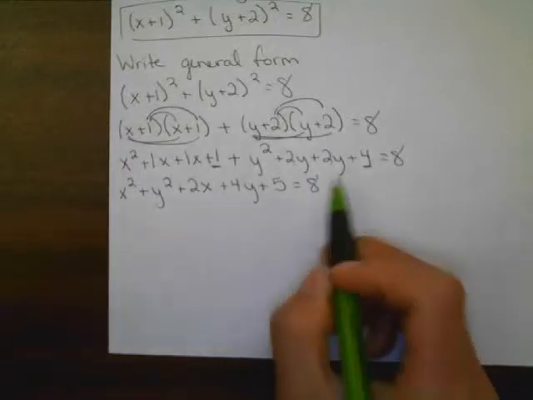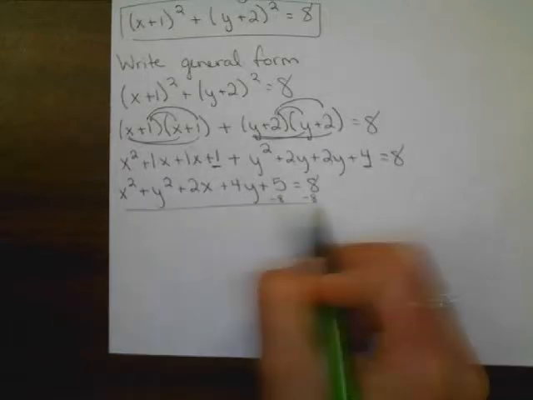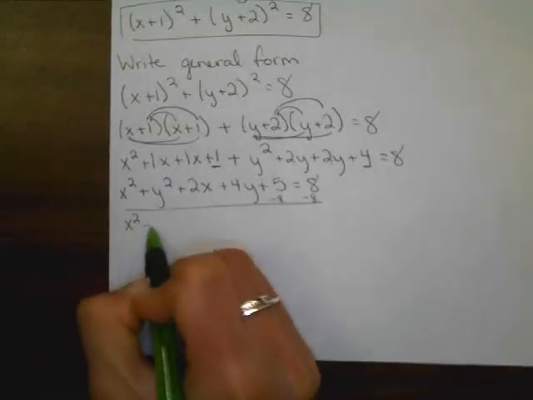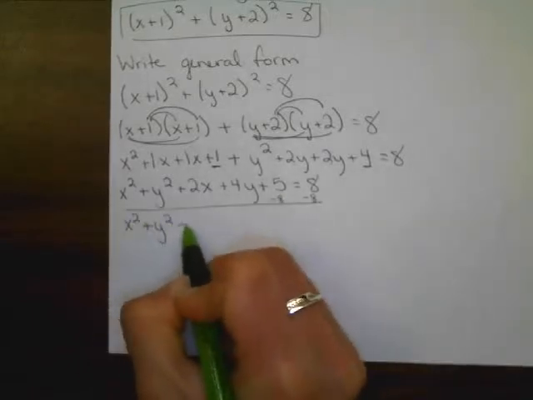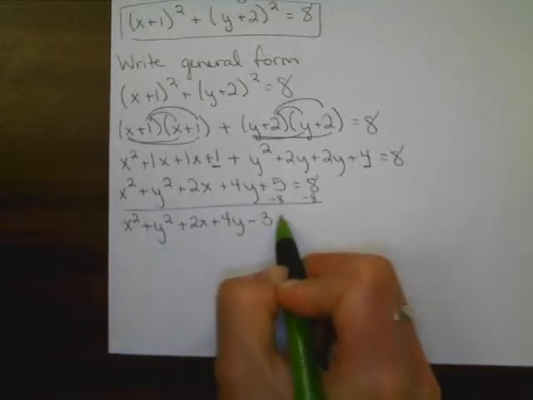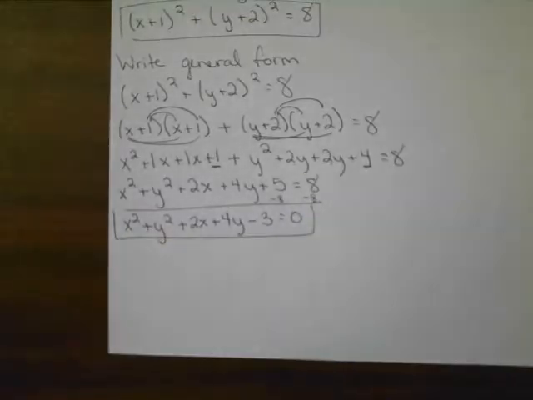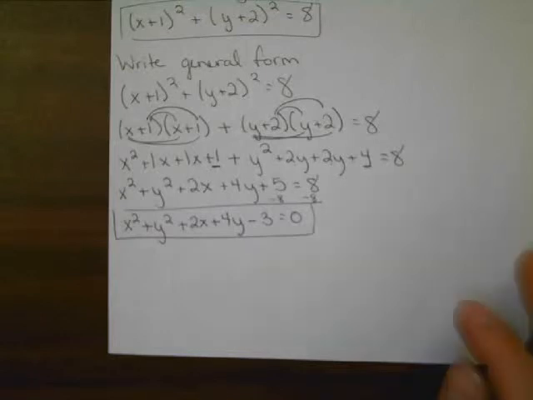Now to combine my like terms again, I got to get 0 over here, so I'm going to subtract 8 over. So I'm left with x^2 + y^2 + 2x + 4y - 3 = 0. And that's your answer. So that's how you go from standard form to general form.